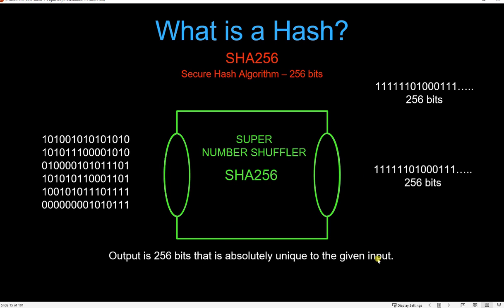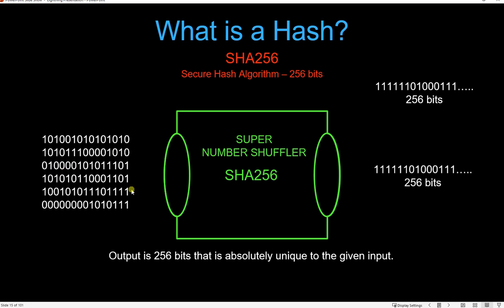This is crucial. This is the whole point of what a hash is. A lot of people don't understand why you even have a hash, which I'll tell you in a second. But this data, whatever it is, is a unique set of data. When you hash it, you're going to get 256 bits that are absolutely unique to that set of data.